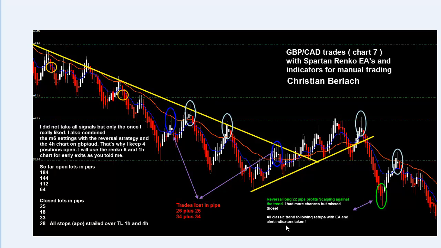As he says here, all classic trend following setups with EA and alert indicators taken. So Christian is using the alerts that you are also going to get to take the trade. He's not sitting there all day long waiting for all that.